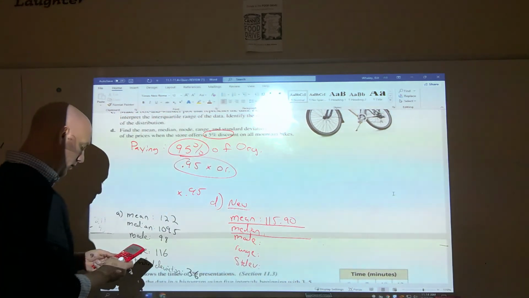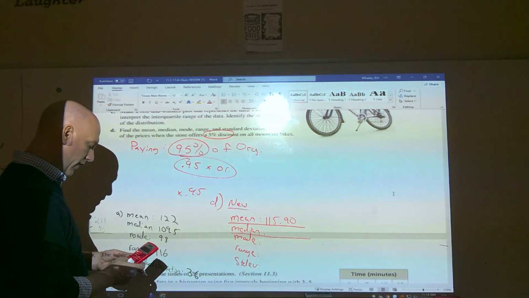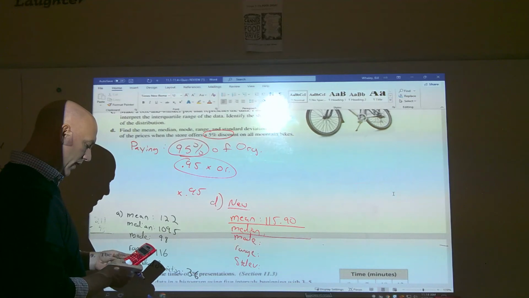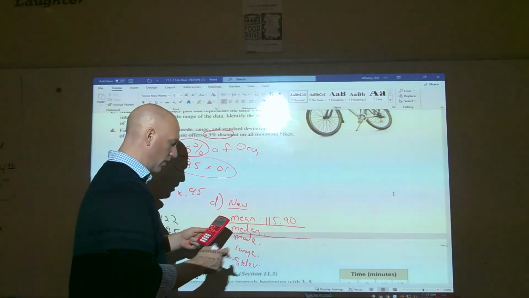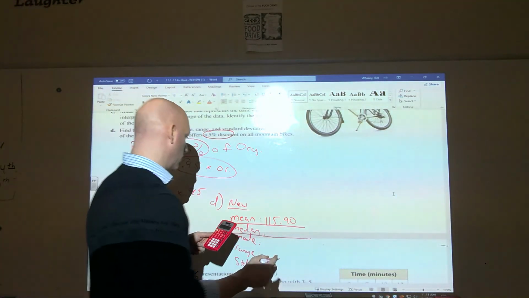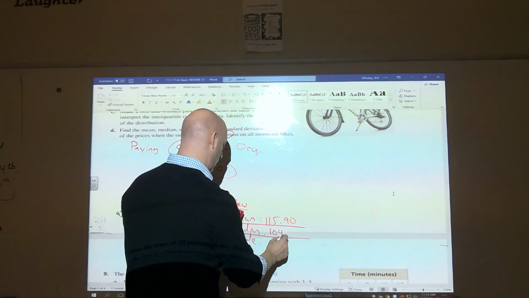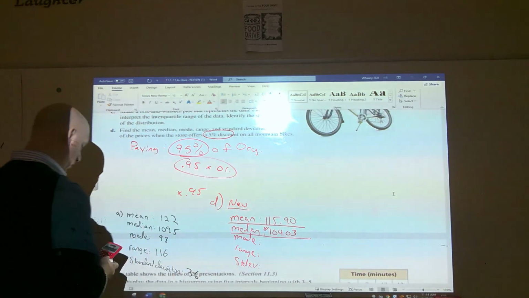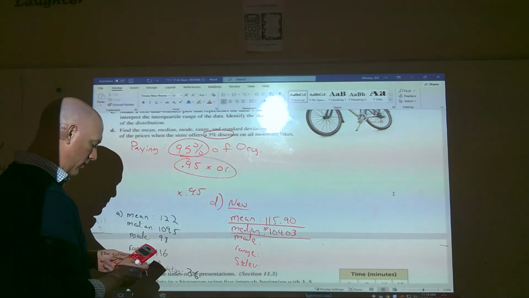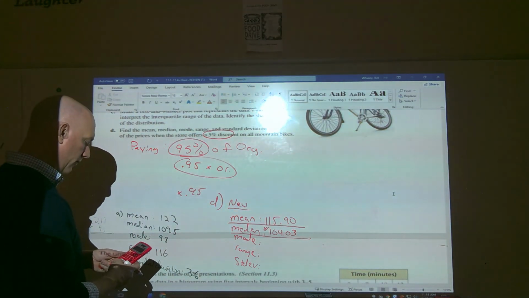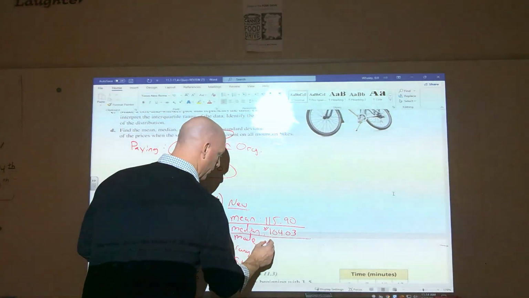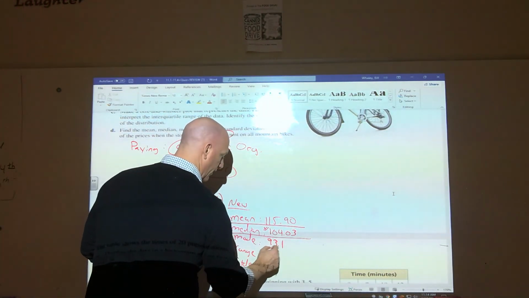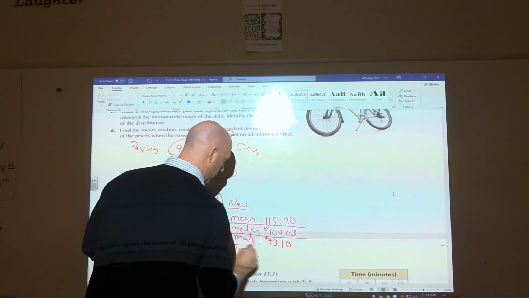Our new median, 109.5 times 0.95. Round it to the nearest penny, so it'd be $104.03. The mode, 98 times 0.95, 93.1, or $93.10.